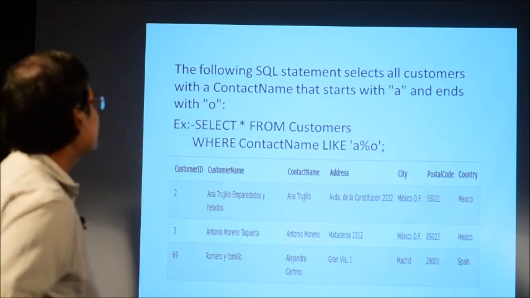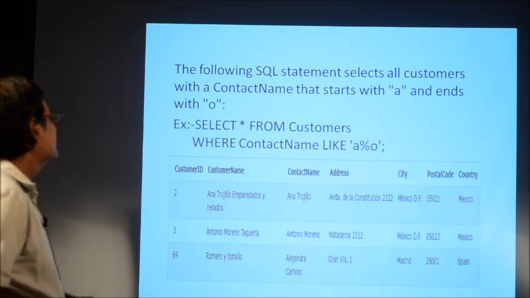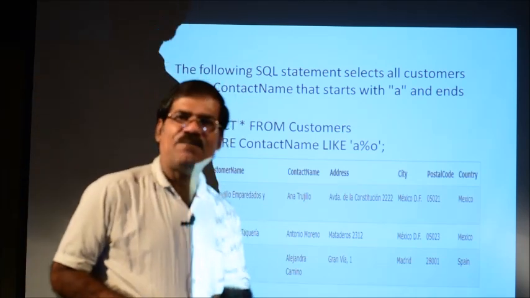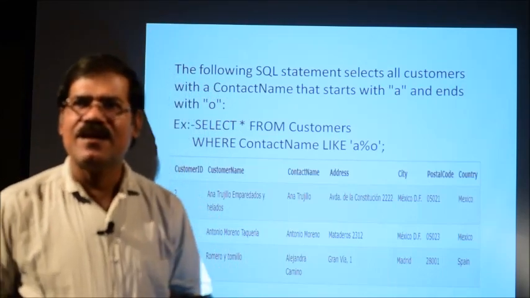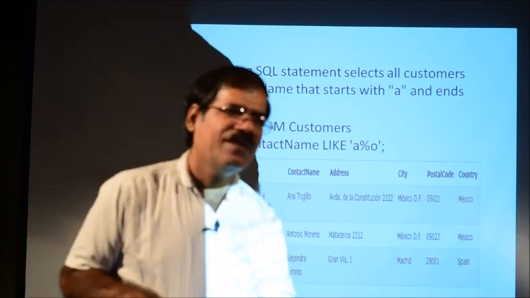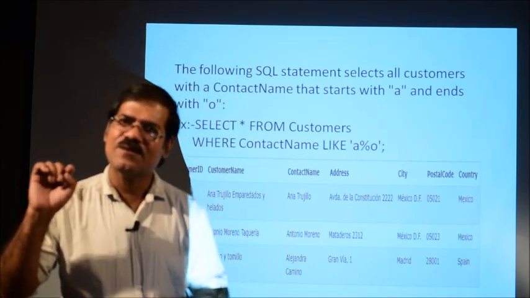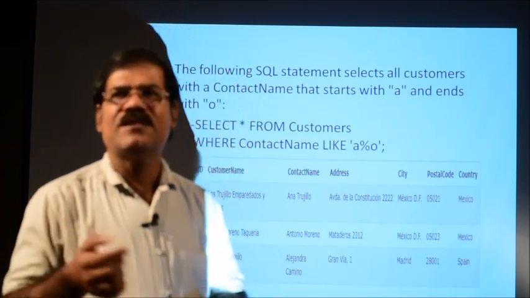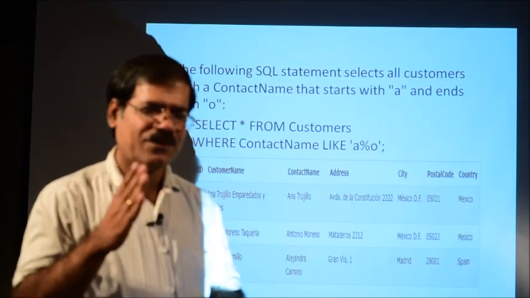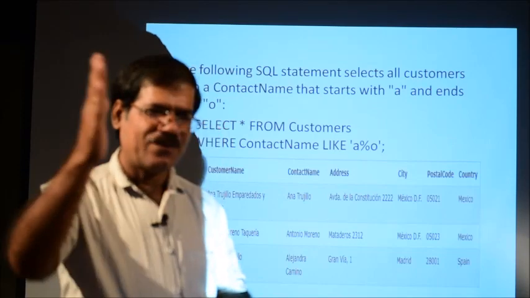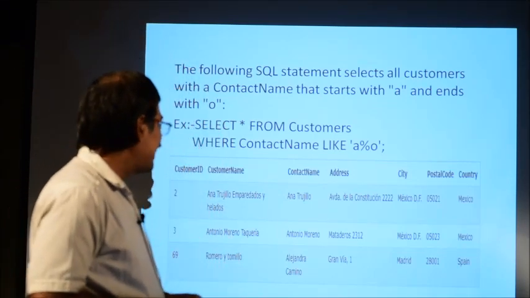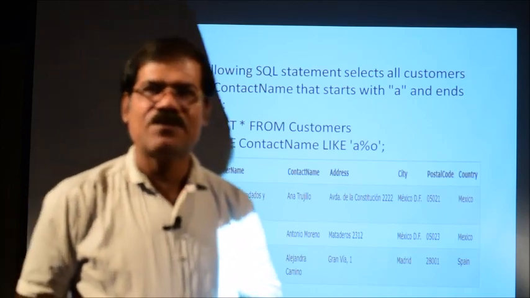Show me the details of the customers whose contact name starts with A and ends with O. In the previous example, the name started with A or ended with A, but here it is a combination of both. That much record detail will be required.